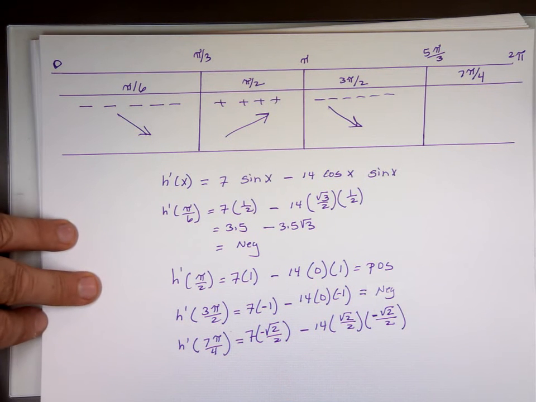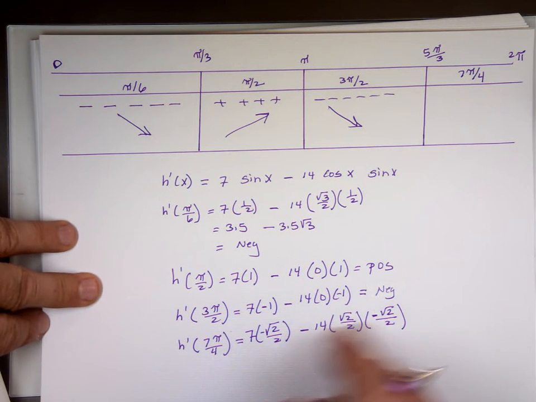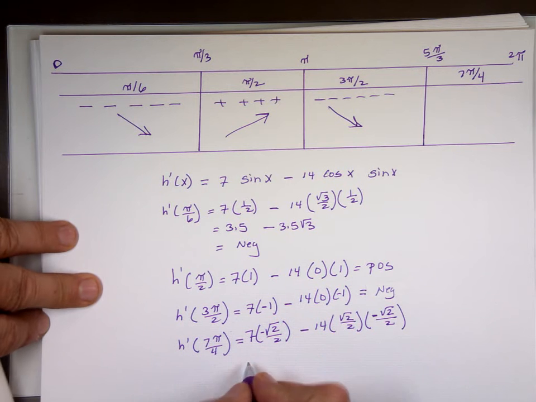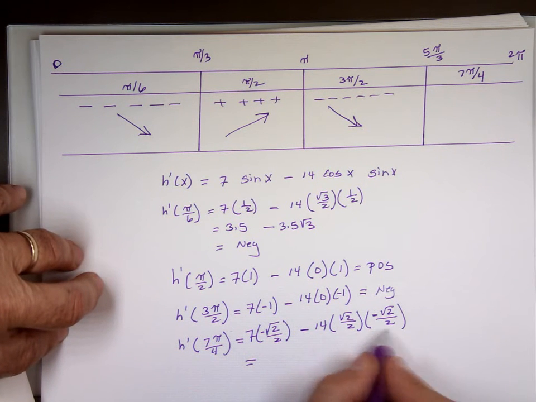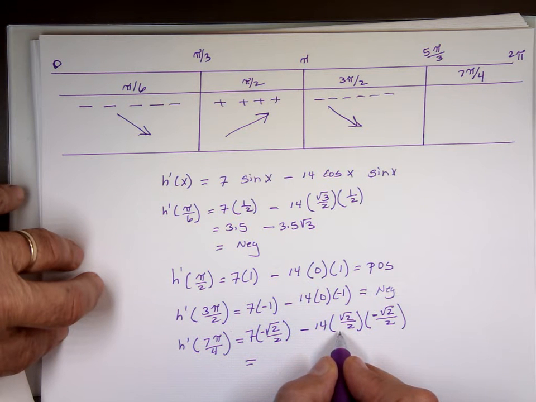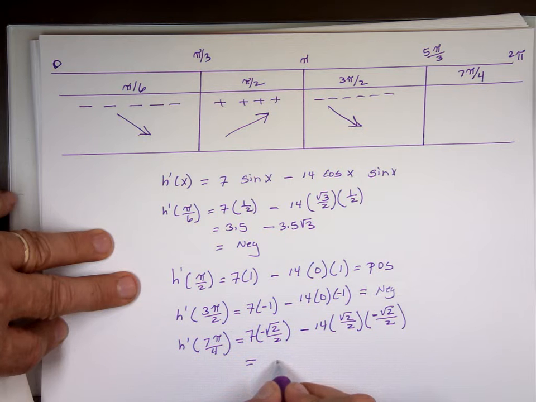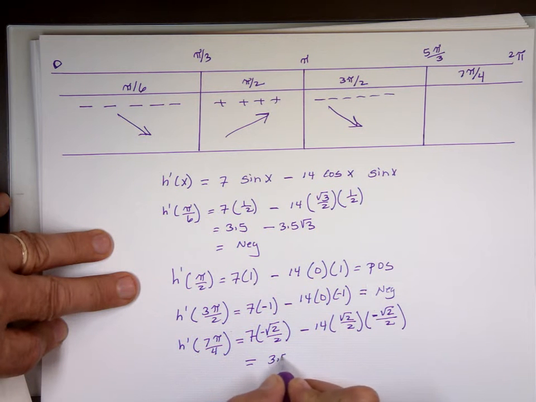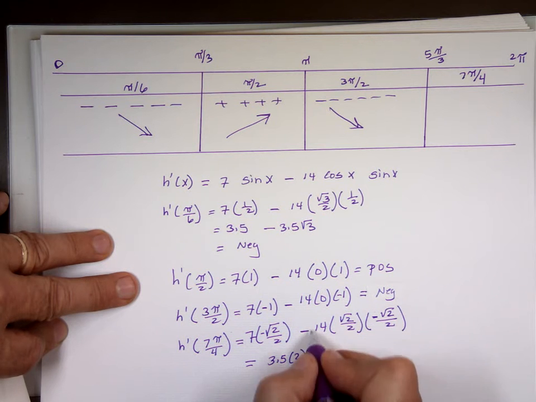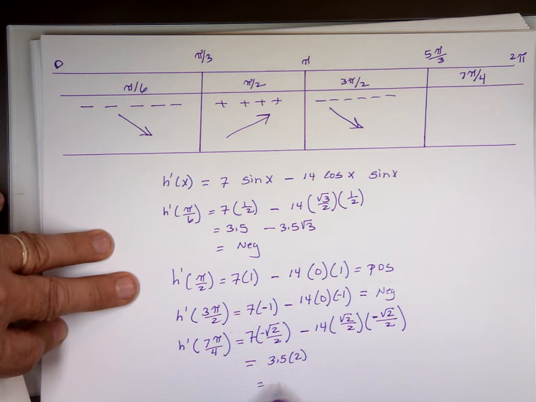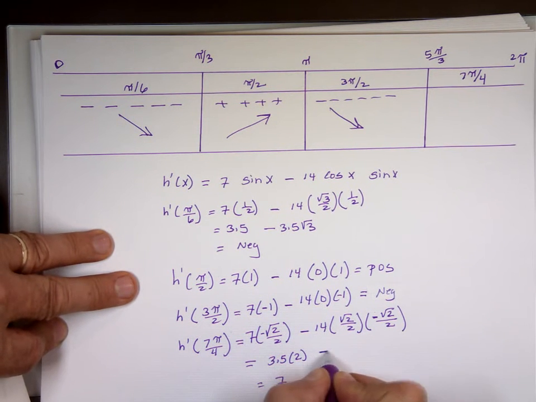This will make it a plus, and that will be a minus. 14 divided by 4. What's that, 3.5? 14 over 4. 3.5 times 2, actually. Square root of 2 times the square root of 2, that's 2. A minus a minus will make it a plus. That's really a 7. And this will be 3.5, the square root of 2.